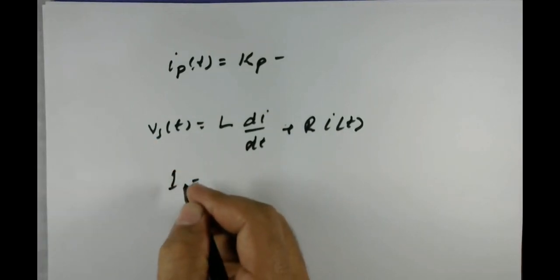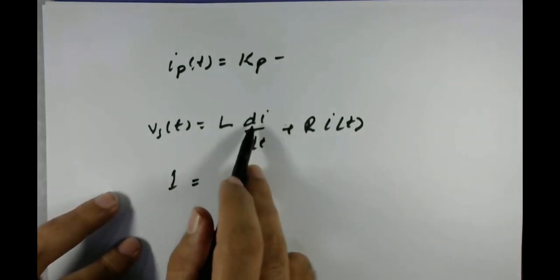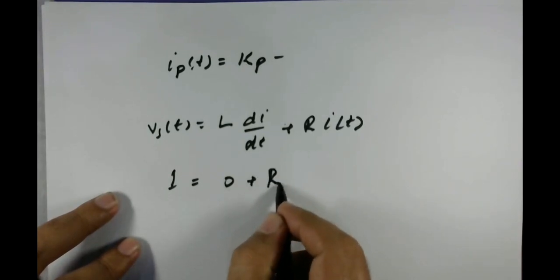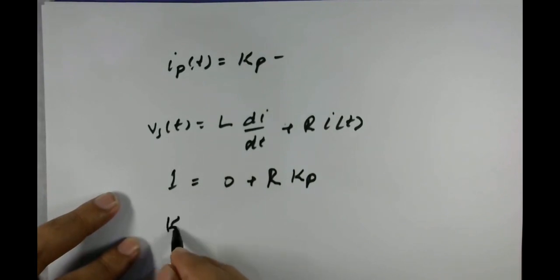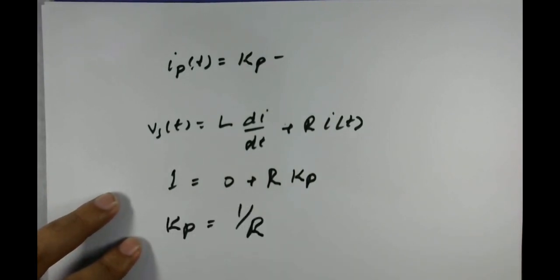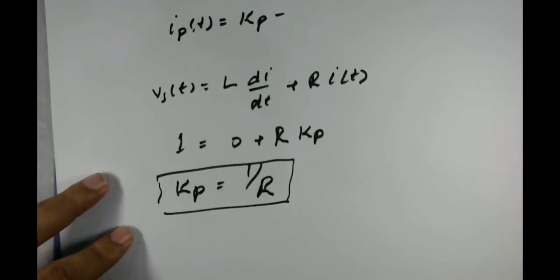And here this is a constant. When you take the derivative of a constant k_p, this will end up 0, plus r times k_p. Okay, now what is k_p? k_p will be 1 by r. Okay, now you get the particular solution as well.